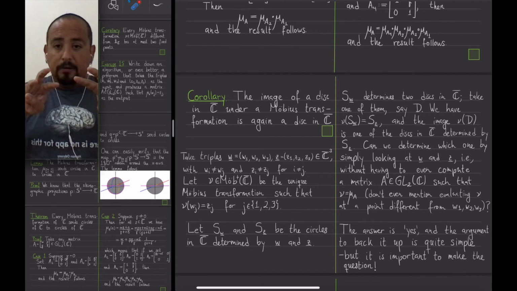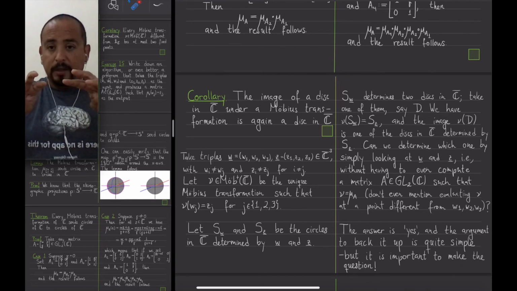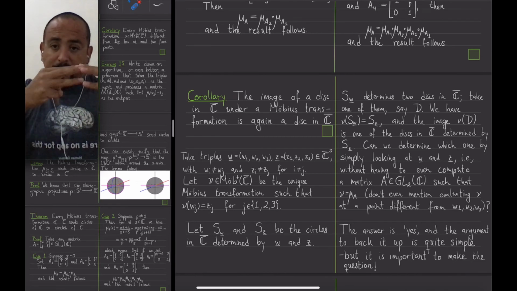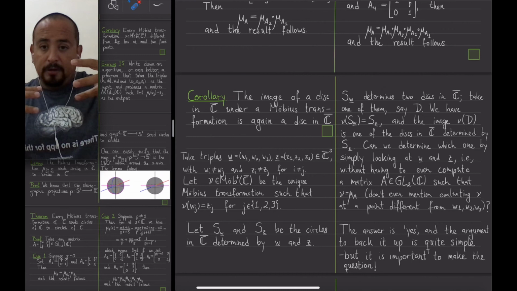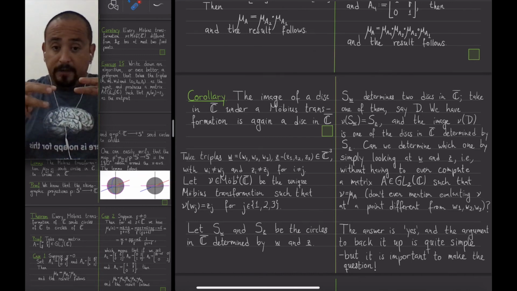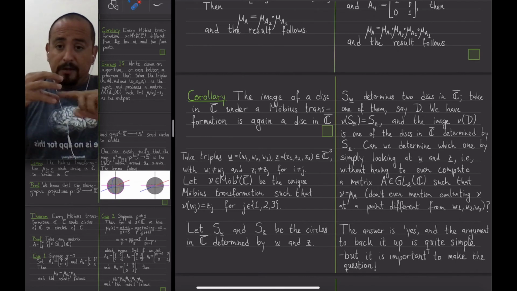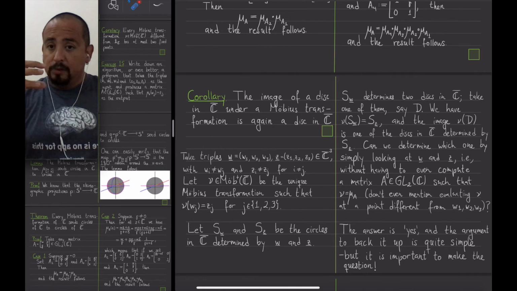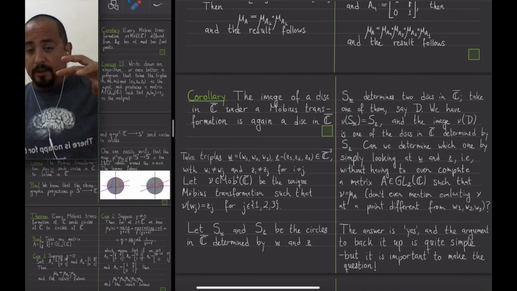Okay, and now consider the circle determined by this 3 and the circle determined by this 3. Since circles are sent to circles, it must be the case that the circle determined by this 3 is mapped by this Möbius transformation to the circle passing through this 3. Right? Okay, so this means that if I take one of the disks determined by this circle, this one goes to one of the two disks determined by this other circle.